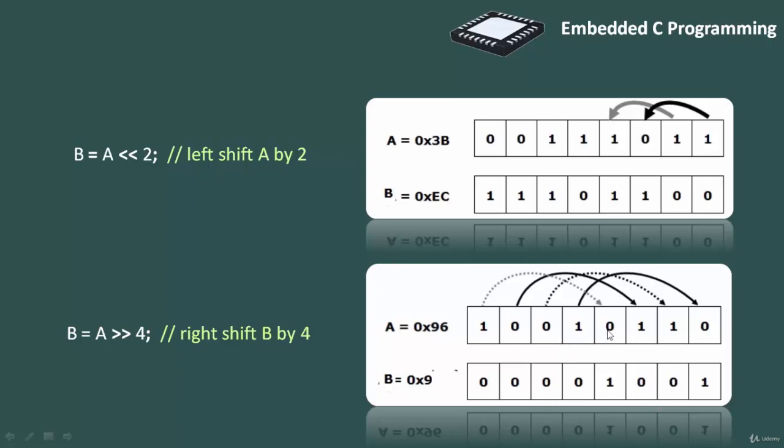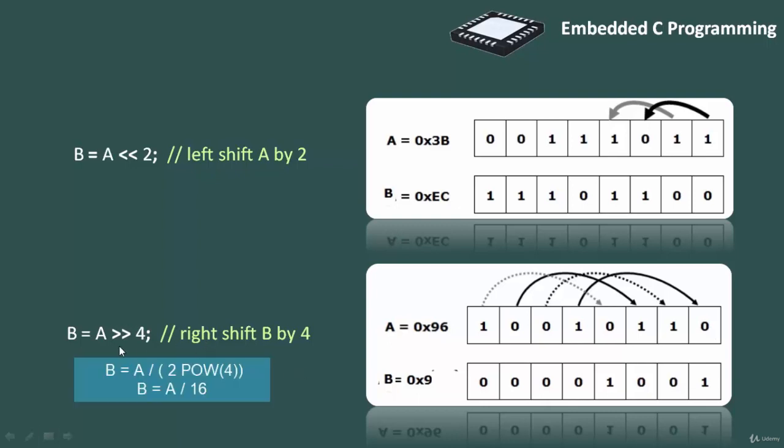Hence, the entire content of register A will get right shifted by 4 bit positions. Hence, to the left side of register B, you will get all zeros because these are the empty bits which get filled with 0 value. Since we are right shifting it by 4 bits, these 4 bits will get discarded.